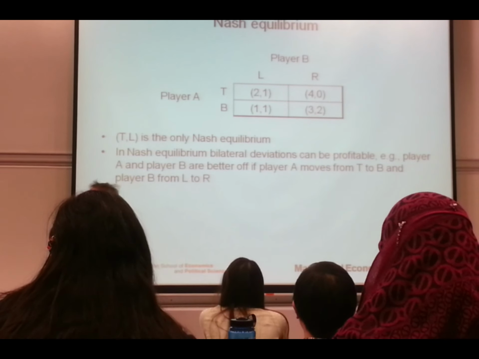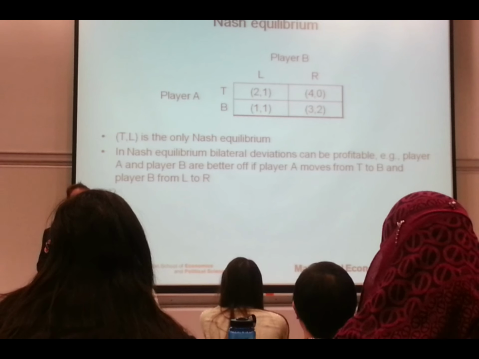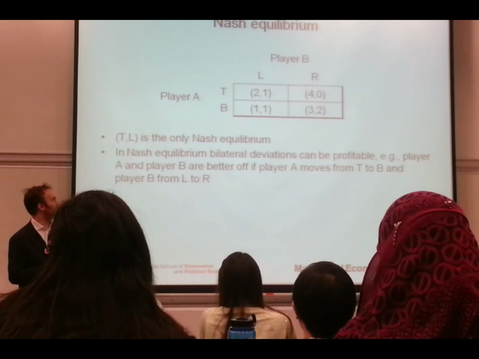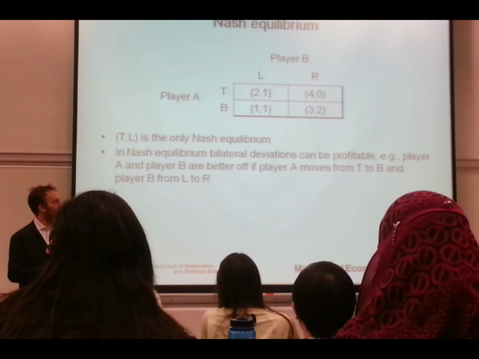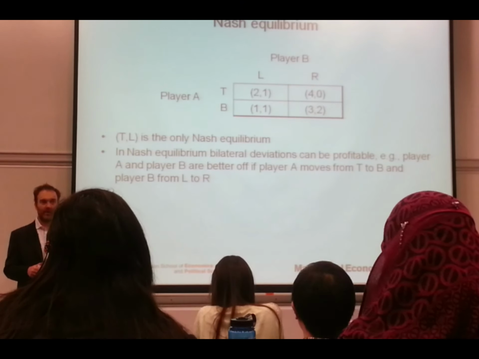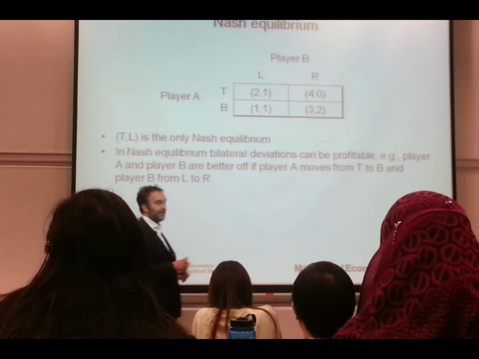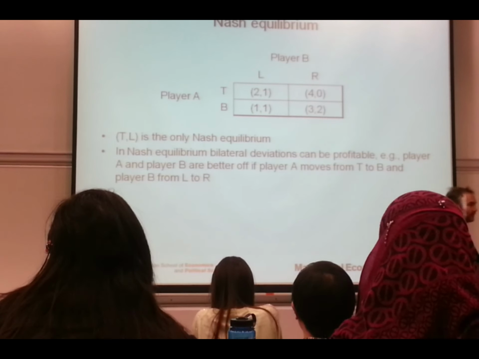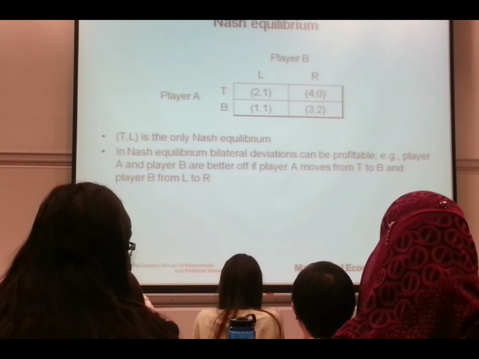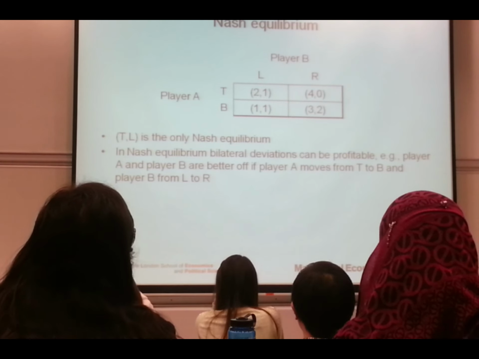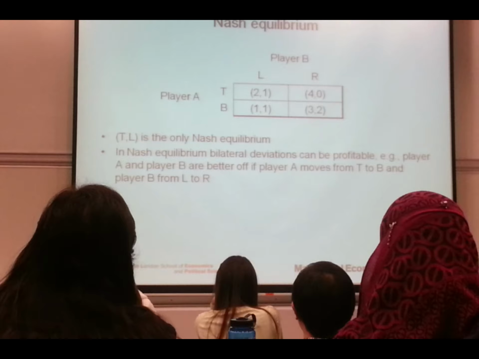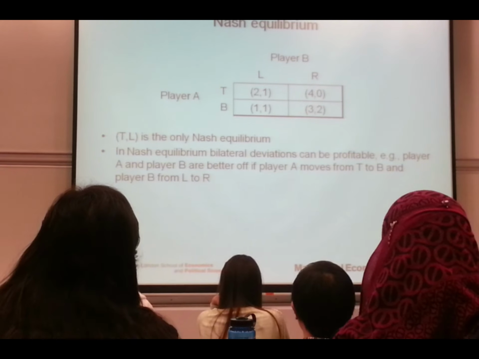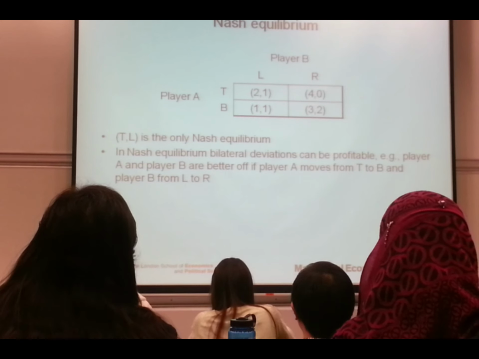Bilateral deviations would mean that both player A and player B would change their behavior. If A moves from top to bottom and B moves from left to right, this would give both of them higher payoffs. But that's not what we're looking for when we're looking for an equilibrium. In an equilibrium, we're just looking for situations that cannot be improved by unilateral behavior, right? Assuming that the other player sticks to what he's doing, and I'm changing.